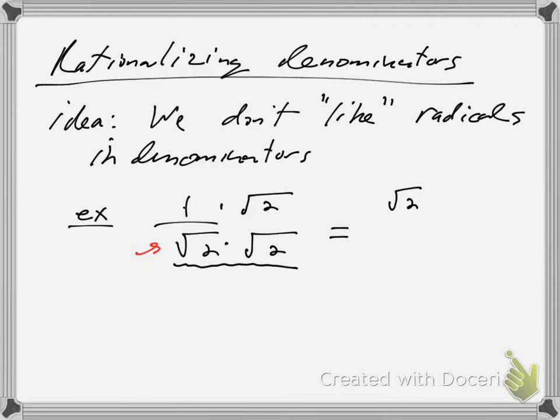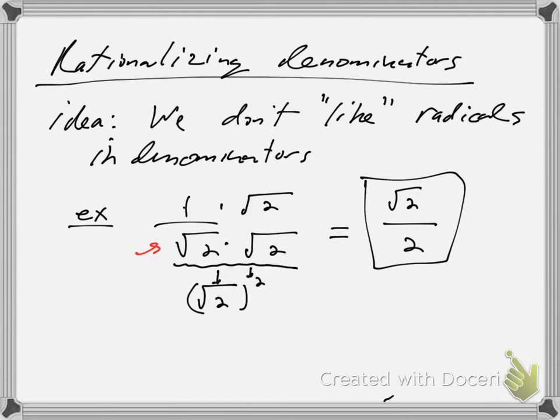That's a little tricky to figure out, but it really means square root of 2 squared, because we're multiplying by itself twice. The square root and the square undo each other because they're opposite operations. Square rooting is the inverse operation of squaring. So I really end up just getting 2.